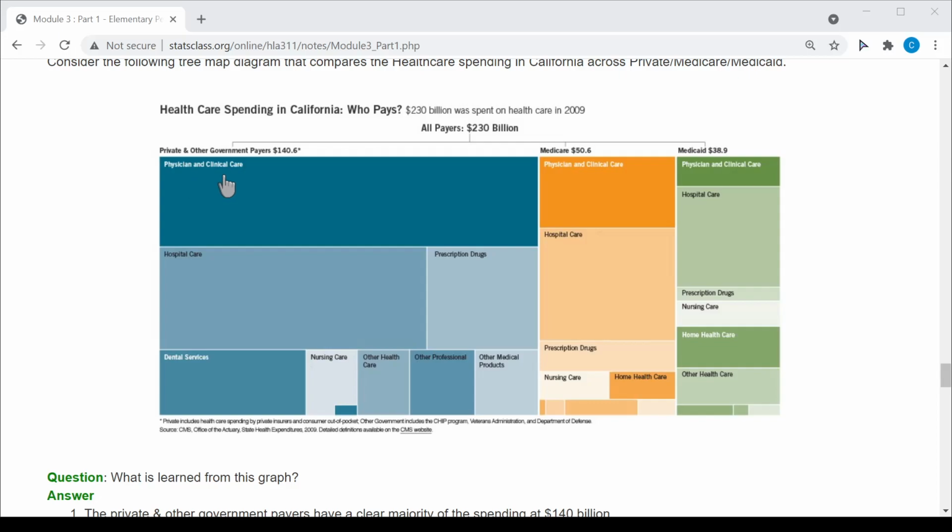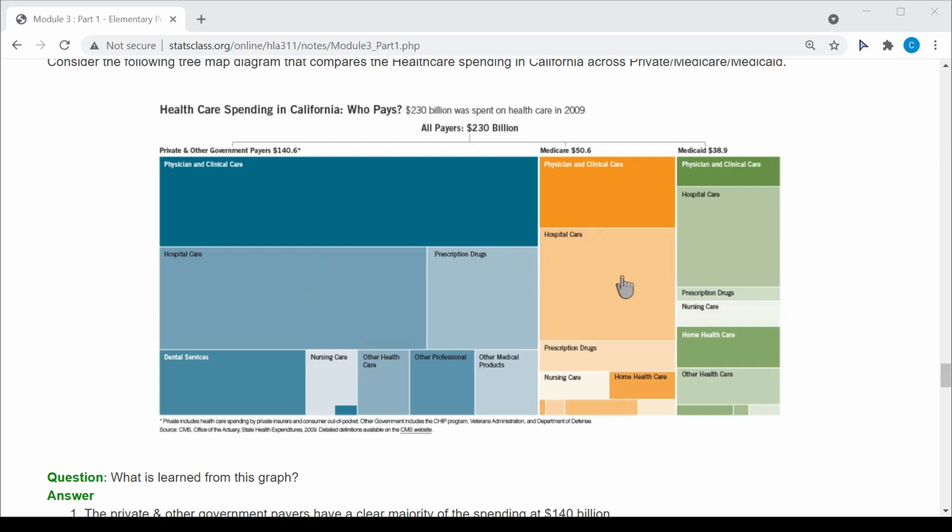So they're spending the most on that particular item inside of private and other government payers. Hospital care isn't as big as, at least it doesn't appear to be as big as physician and clinical care. It is a little bit taller, it seems, but it's not as wide. So I think the area of this box here is bigger than the area of this box.